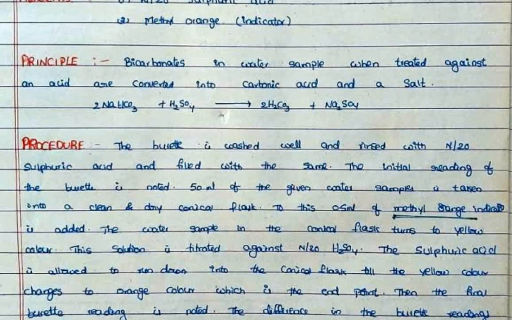Equation: 2NaHCO3 plus H2SO4 gives rise to 2H2CO3 plus Na2SO4.